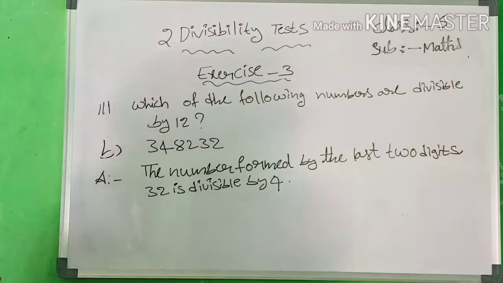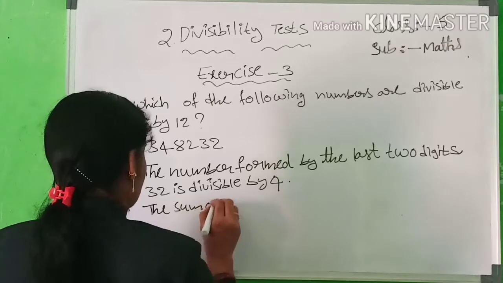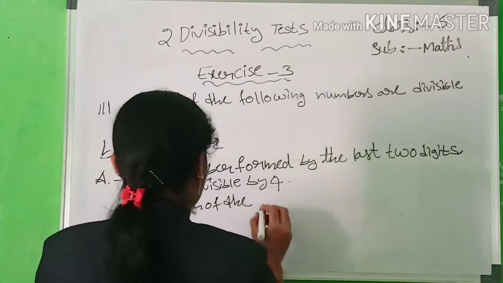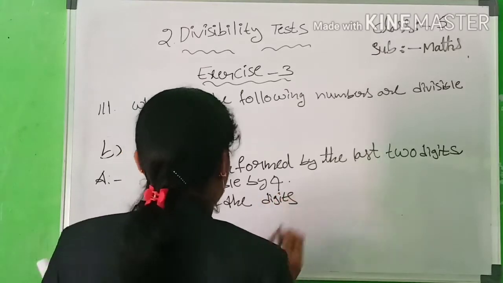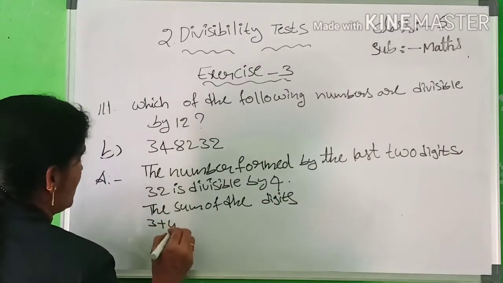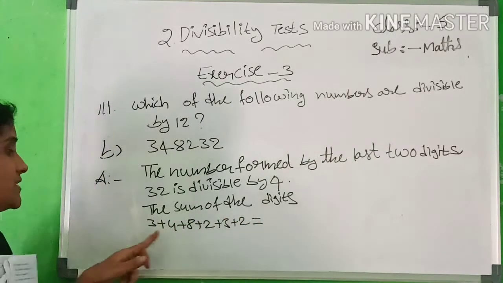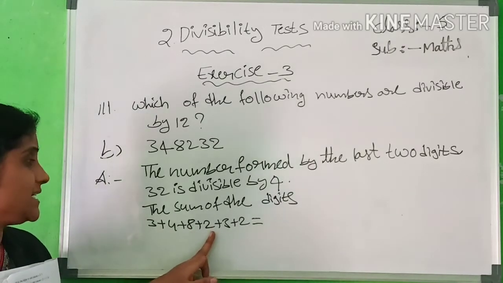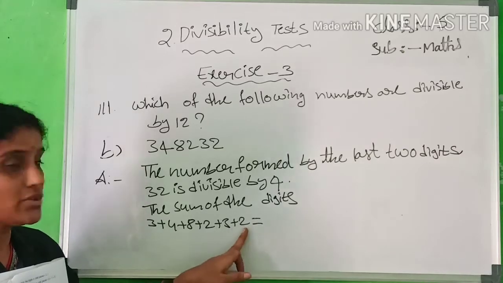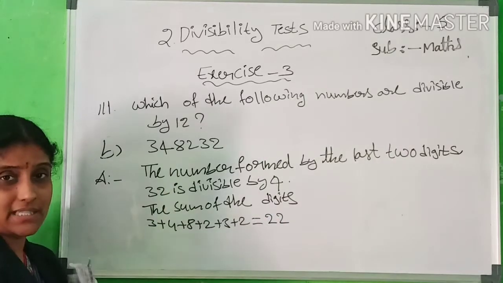Okay, children. Next, what is the divisible by 3 rule? Sum of the digits. Now, 3 plus 4 plus 8 plus 2 plus 3 plus 2. 3 plus 4, 7. 7 plus 8, 15. 15 plus 2, 17. 17 plus 3, 20. 20 plus 2, 22. 22 does not come in the 3 table.